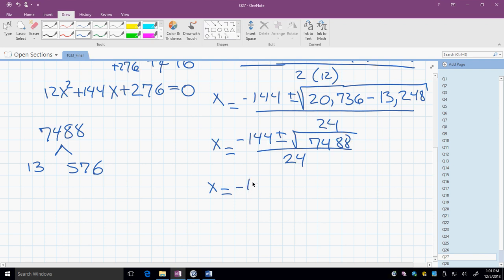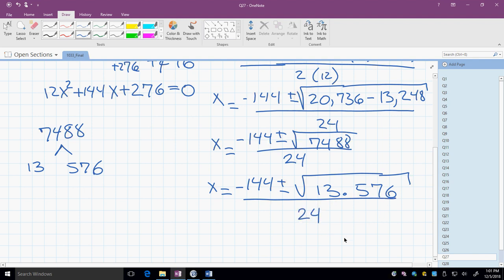Let me see if I can explain this a little better. We have plus minus, and what I did, I broke it into 13 and 576. All this over 24. 13 is not going to get out because it's not a perfect square. 576 it is.